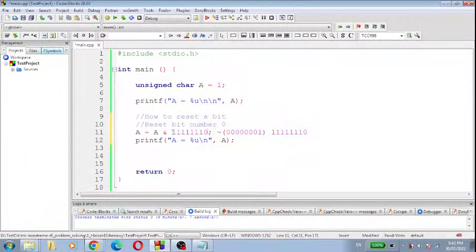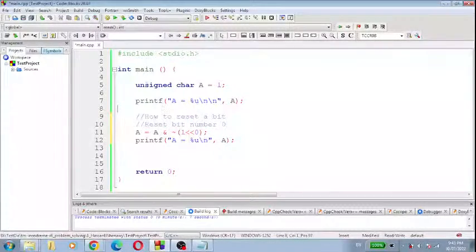I achieve this by using both the shift left operator and the not. When you mask your variable using the AND operation, you write not, use 1 with the shift left operator, and use your bit number here. So that's it. It's pretty easy.